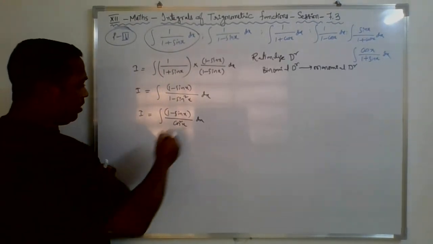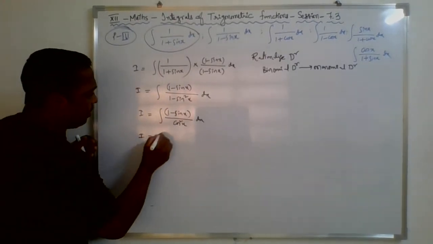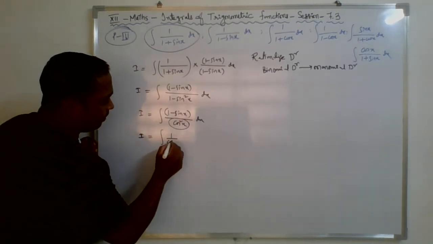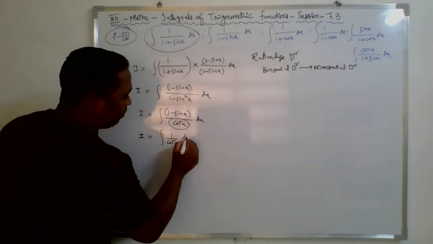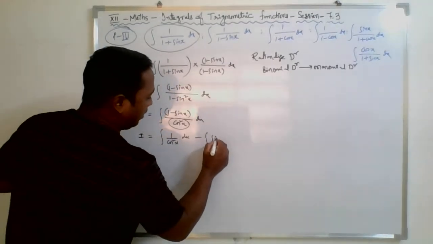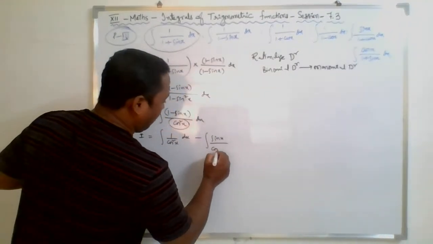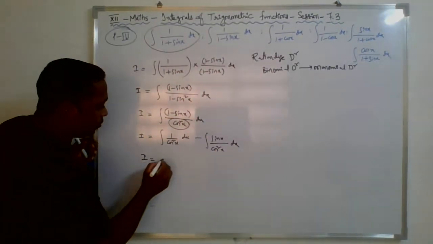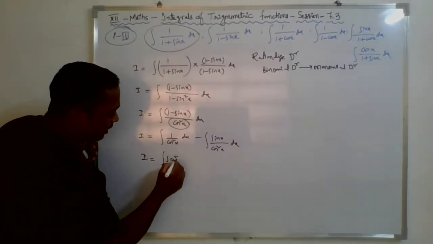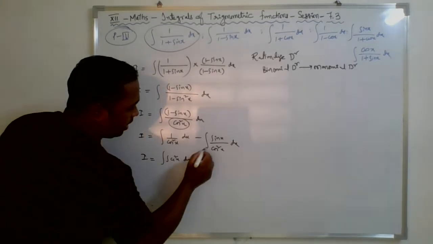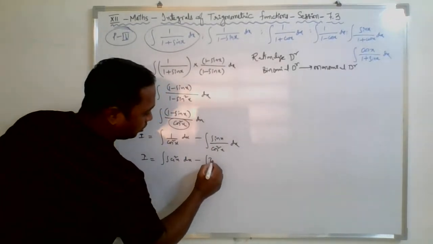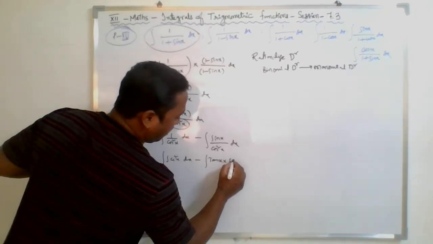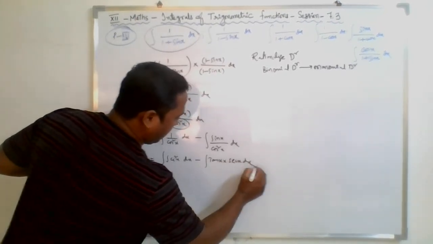Now you can see I can separate the fractions since it's a monomial, which is beneficial. So 1 by cos square x dx and sin x by cos square x dx. So I is equal to, it becomes sec square x dx, and 1 sin and 1 cos will be written as tan, and the rest 1 by cos can be written as sec x dx.